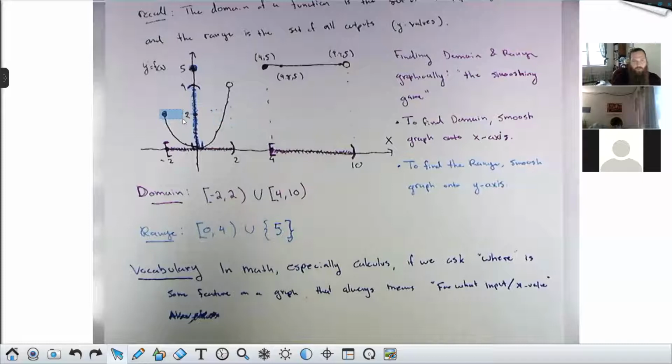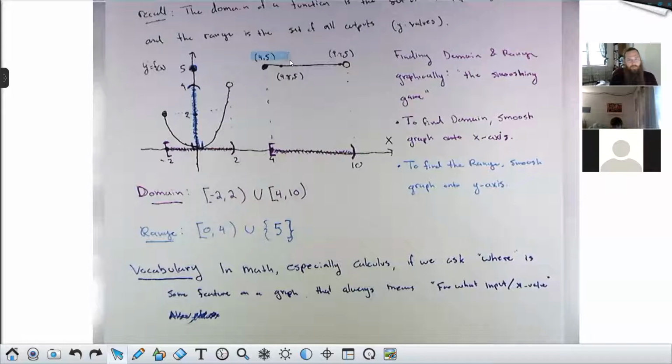So if you tell me this is the point where y is equal to 2, I don't know if you're talking about this point here or this point here. It could be either. So if you're trying to tell me where something is on the graph of a function, you always want to tell me the x value.